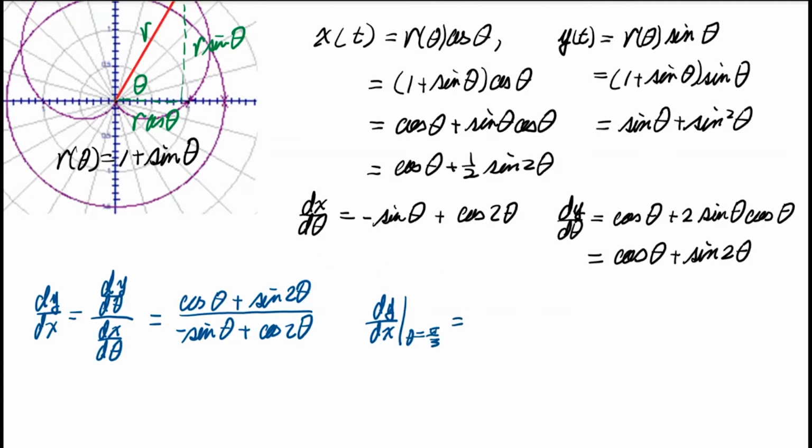So cosine pi over 3 is 1/2. And sine 2 pi over 3 is root 3 over 2. And then sine pi over 3 with a negative sign, so negative root 3 over 2. And then cosine of 2 pi over 3 is negative 1/2. Lo and behold, this thing gives you negative 1.